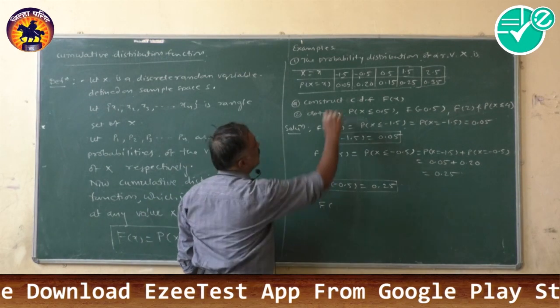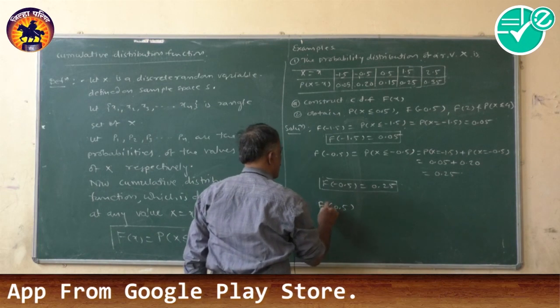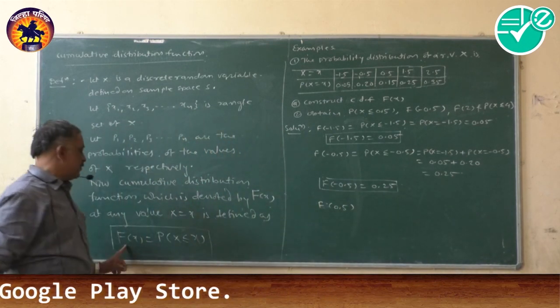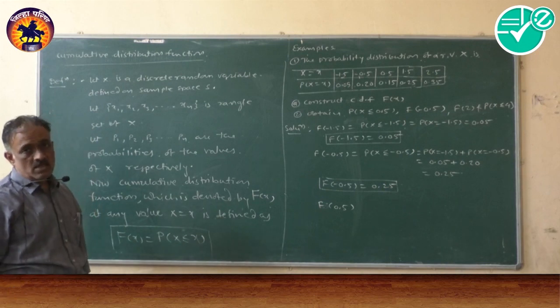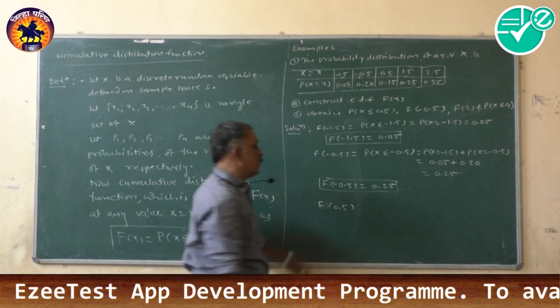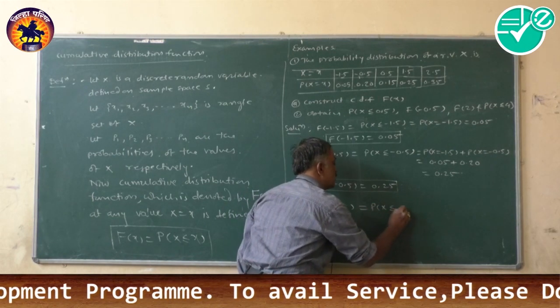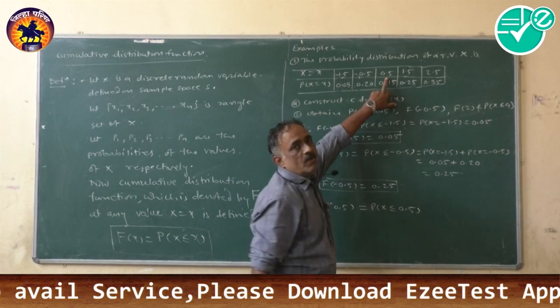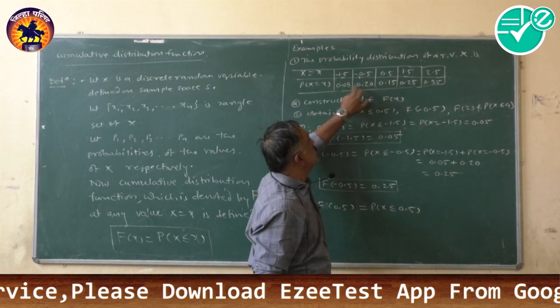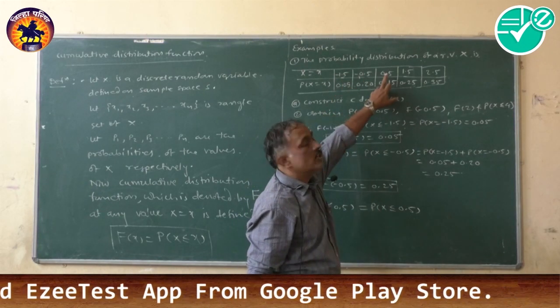Capital F of the next value, 0.5. Once again see the definition, capital F of x is equal to the probability that x is less than or equal to small x. Definitely you can guess F of 0.5 must be equal to the probability that x is less than or equal to 0.5. From the table, see which are the values of x which are less than or equal to 0.5. There are 3 values: minus 1.5, minus 0.5, 0.5.